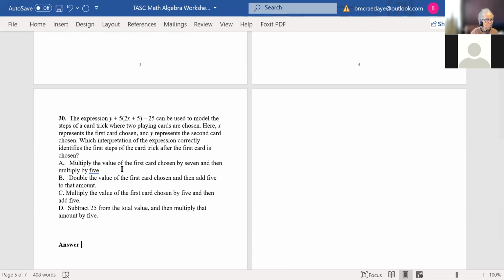Here X represents the first card chosen, and Y represents the second card chosen. Which interpretation of the expression correctly identifies the first step of the card trick after the card is chosen?